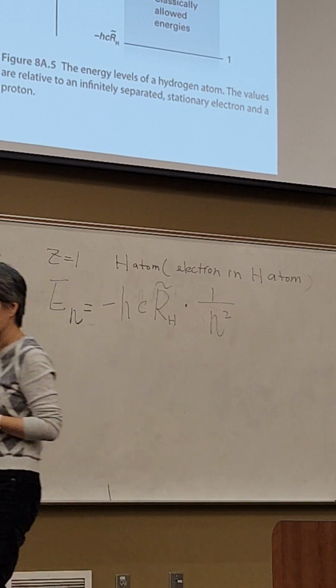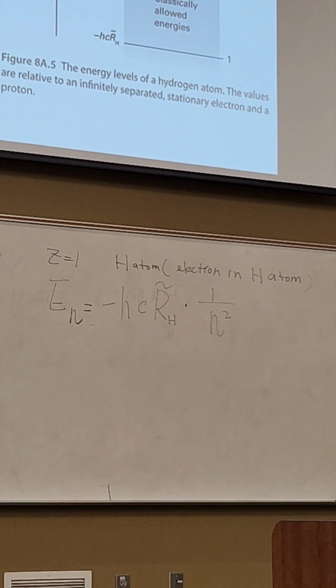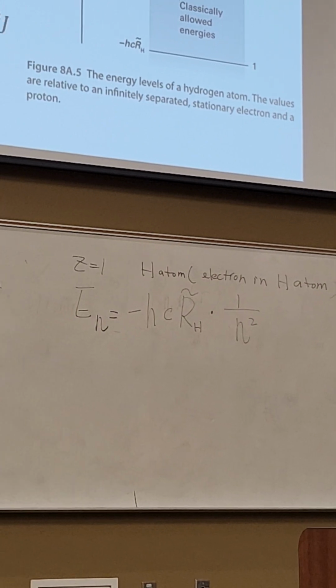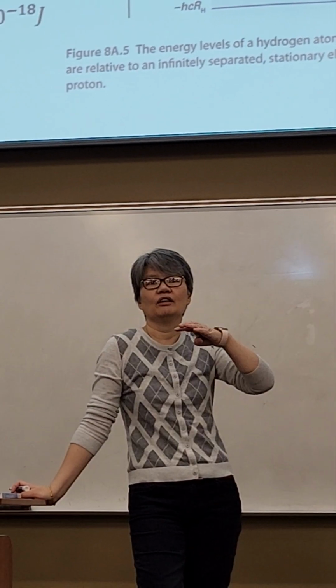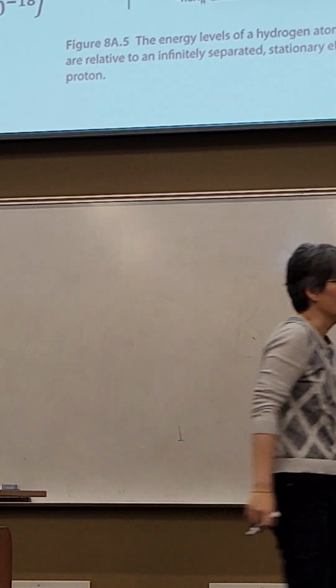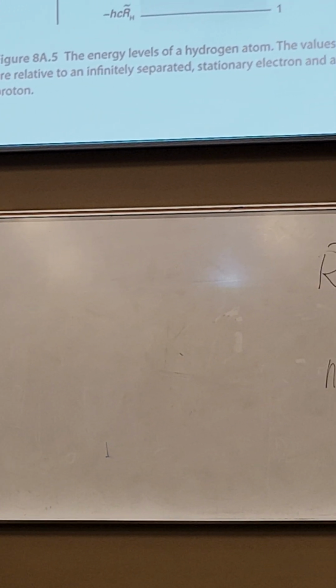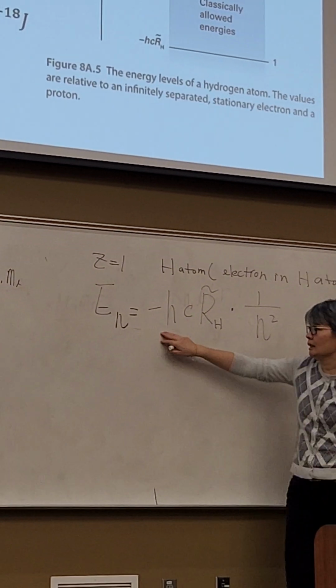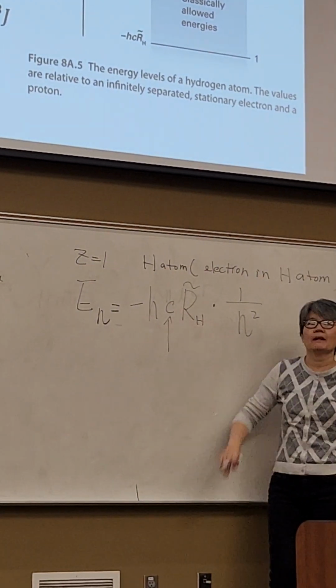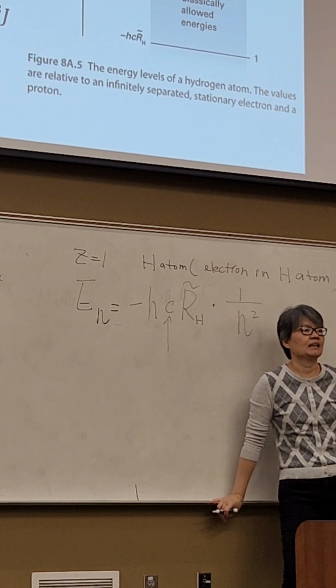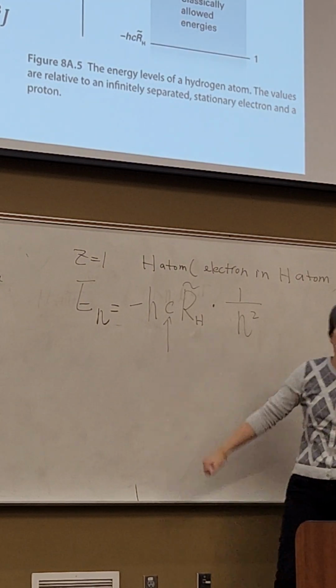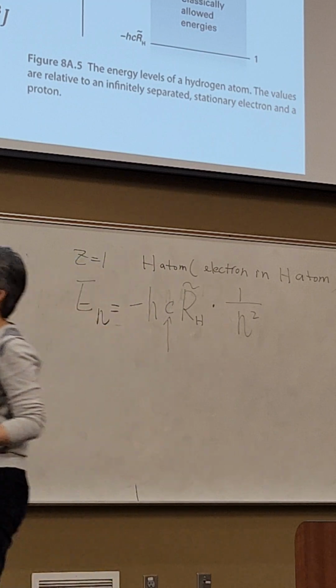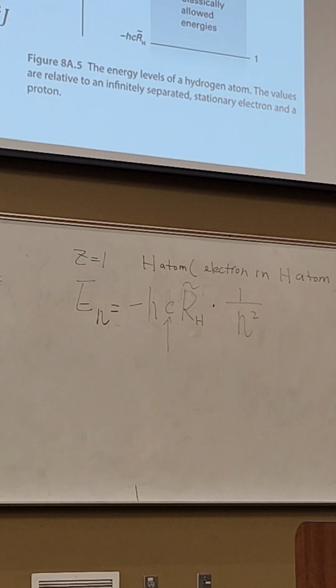So this just tells you the energy for the electron in the hydrogen atom is also quantized; it can only take certain discrete values, not a continuous value. Now the h here is the Planck constant, c is the speed of light, and this is your Heisenberg constant for the hydrogen atom, which equals 109677 per centimeter.